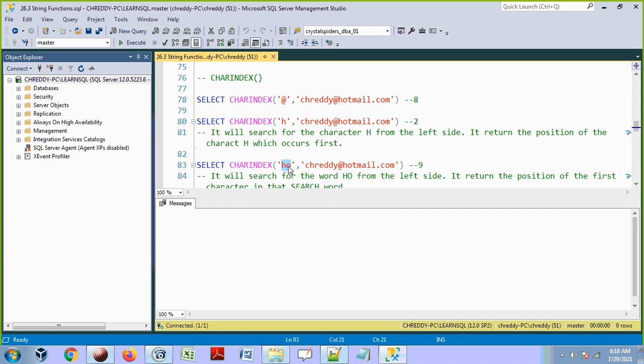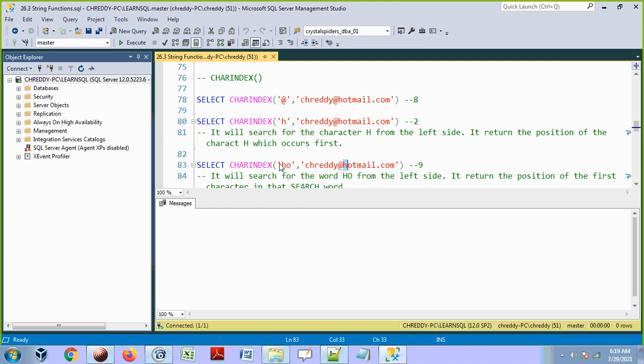But here I am looking for HO, and HO is here. Let's say HO is one word, right? I am looking for HO, and it is found. In this HO, what is the first character? H is the first character, so it returns the position of this H.